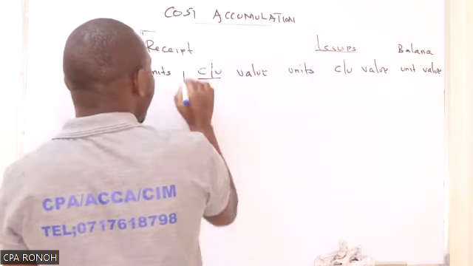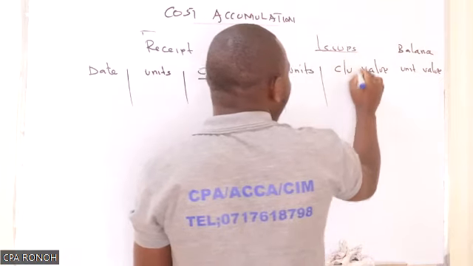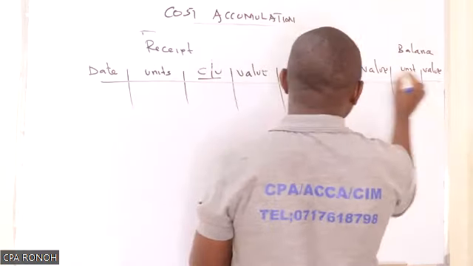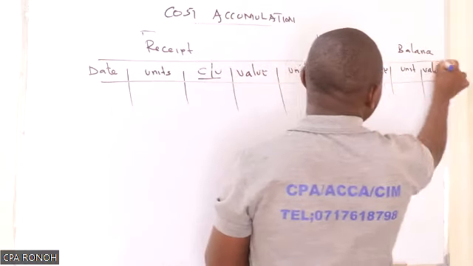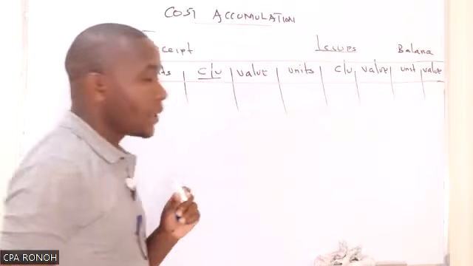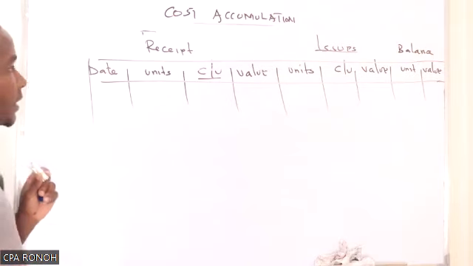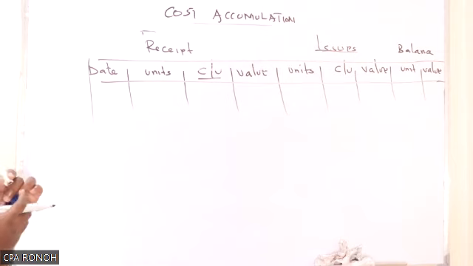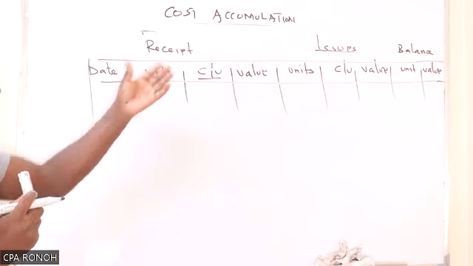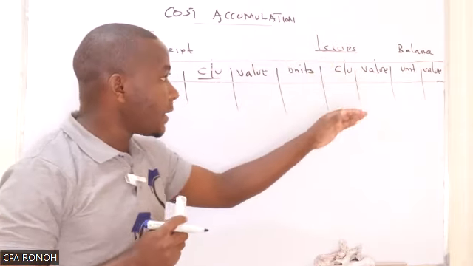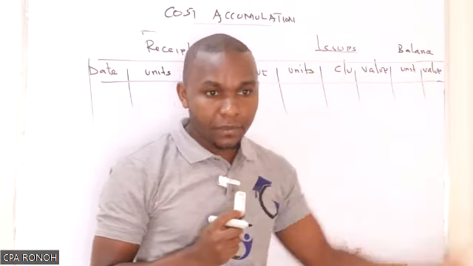So make sure you get that format. Each time they ask you to prepare a store ledger card, you have to prepare it like that. You are receiving goods into store, you are issuing or selling, and then you will remain with a balance.